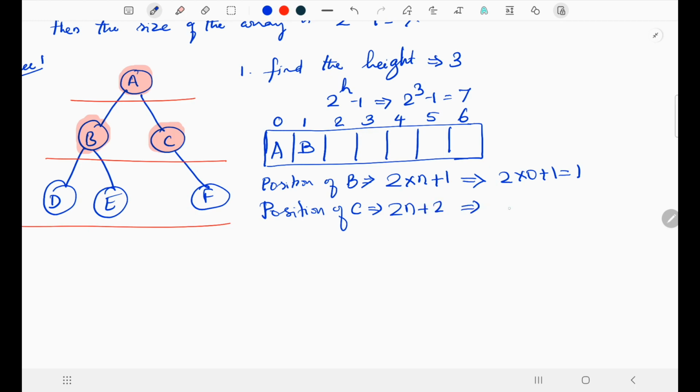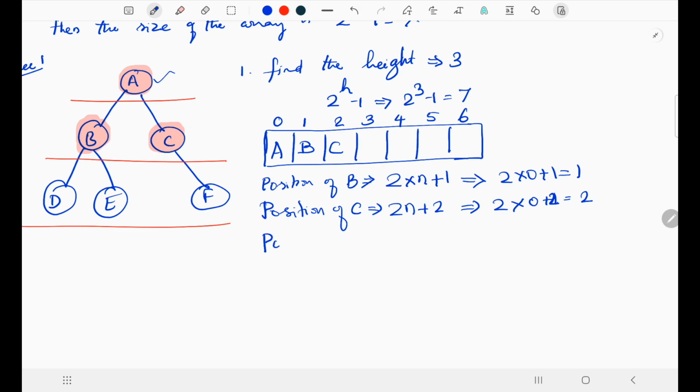Who is the parent of C? A is the parent, and the index is 0. So 2 into 0 plus 2, right? C is a right child, so it is 2. So C will occupy the second position.